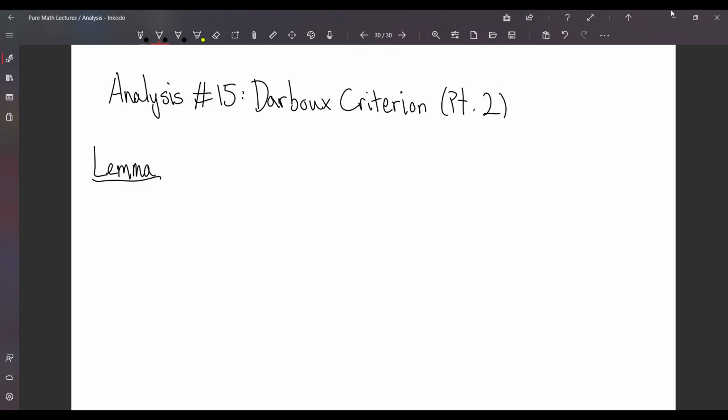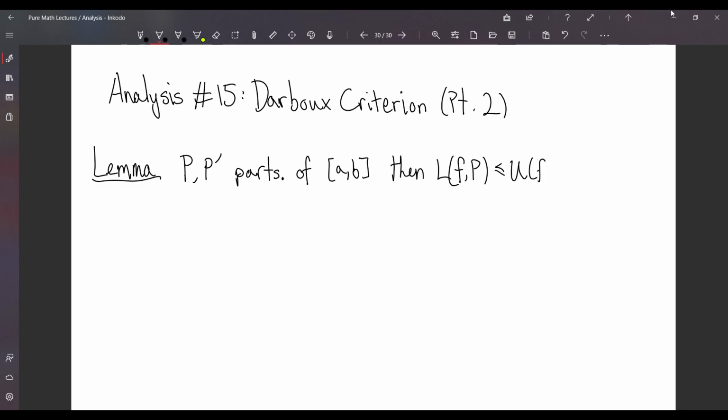we had a lemma that said if P and P prime are two different partitions of the same interval AB, then the lower sum with respect to P is always going to be less than or equal to the upper sum with respect to P prime.